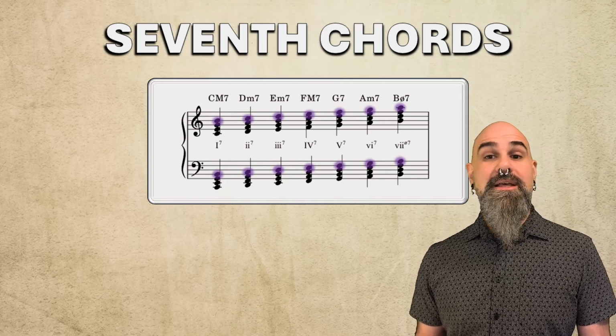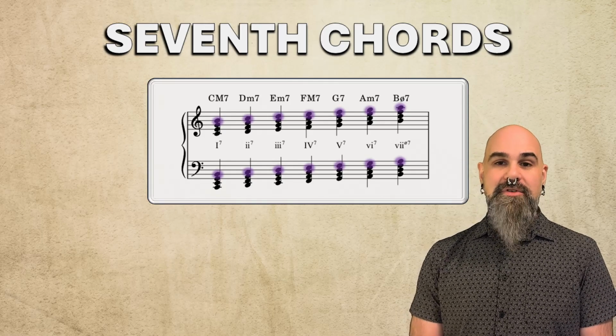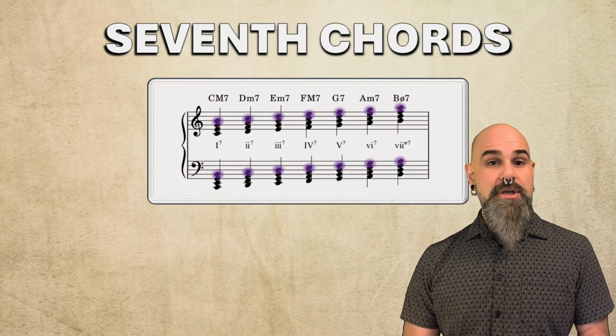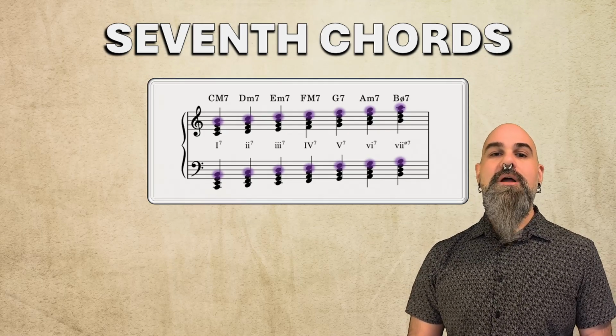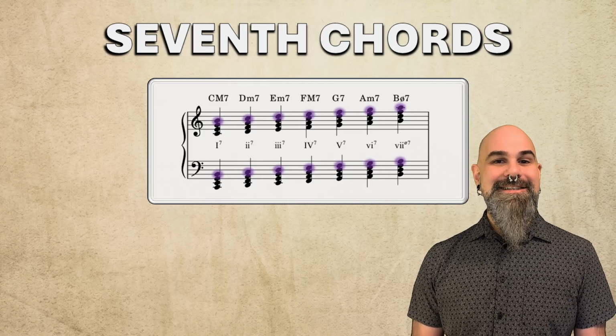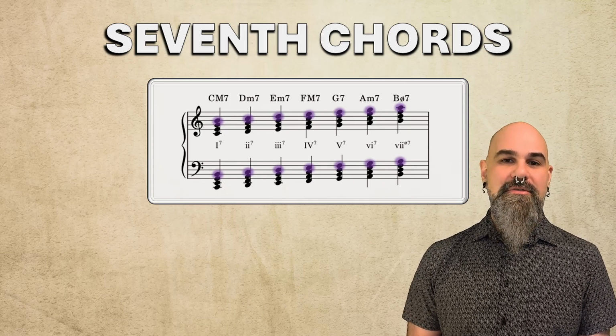In a major key, these become a major 7 chord on 1, minor 7 chord on 2, minor 7 chord on 3, major 7 chord on 4, dominant 7 chord on 5, minor 7th chord on 6, and a half diminished 7th chord on 7.